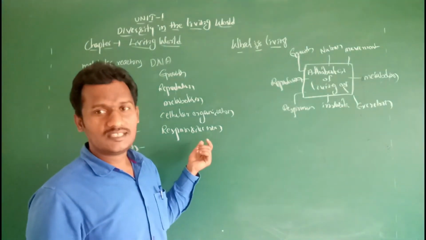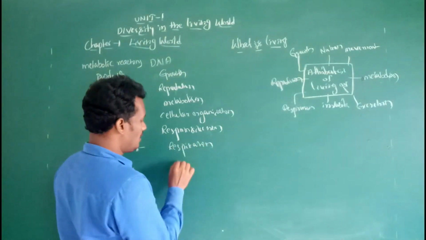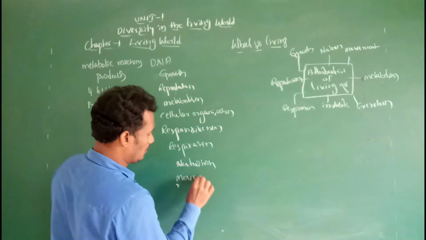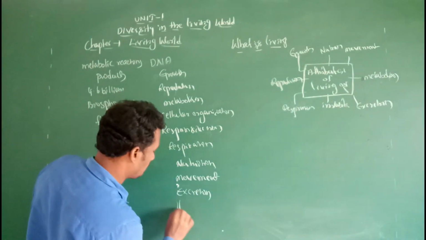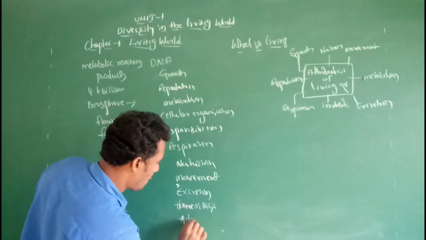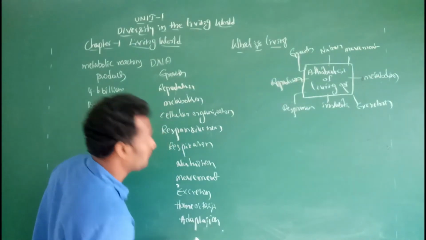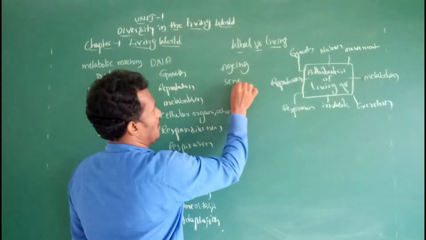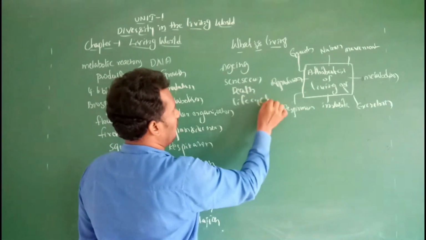Responsiveness is nothing but consciousness, irritability, then respiration, nutrition, movement, excretion, homeostasis, adaptation, aging, senescence, death, life cycle.